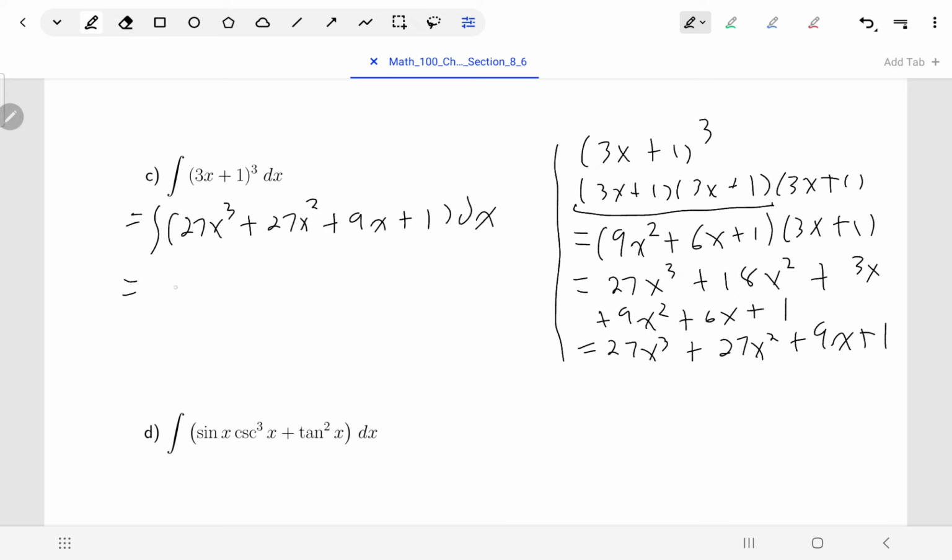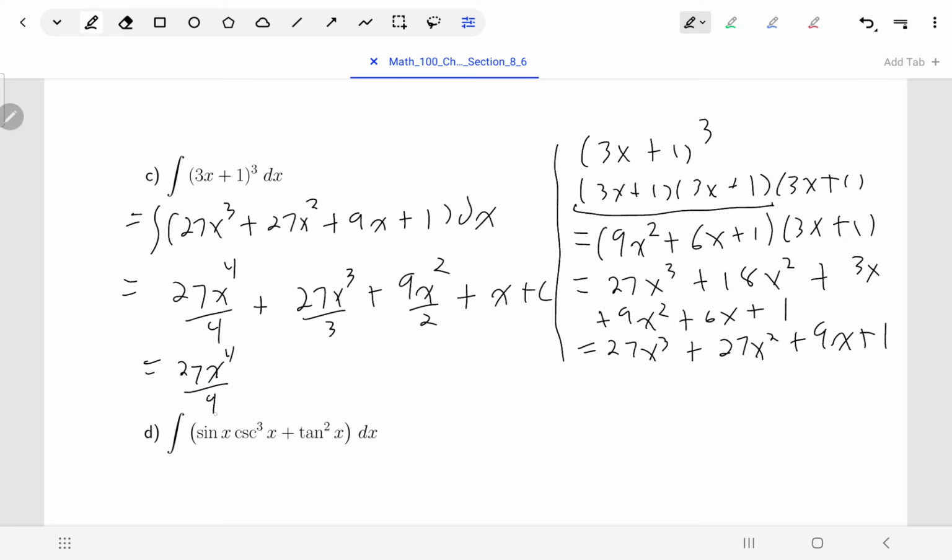And now we just go right ahead and use our power rule, adding 1 to the power, dividing by the power, and so on. The only thing to clean up is that 27/3 is the same thing as 9.